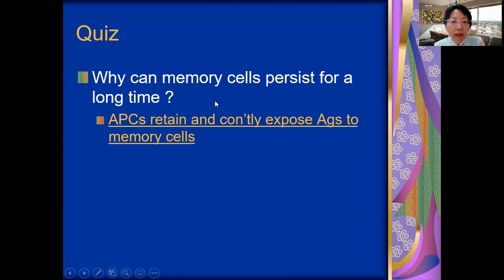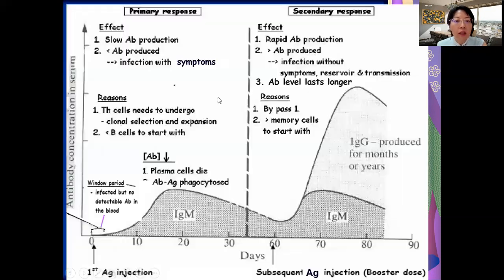Now, there's one thing that I skipped just now which is very important. I'm bringing you back to this very important information, which is called symptom, reservoir, transmission. Please memorize this: symptom, reservoir, transmission. What does it mean?